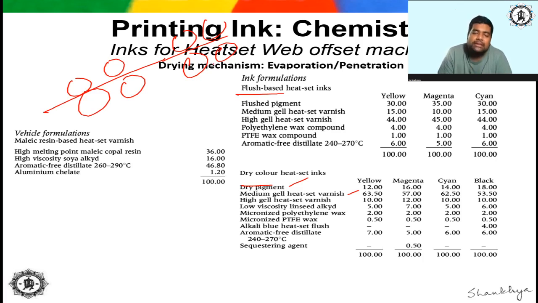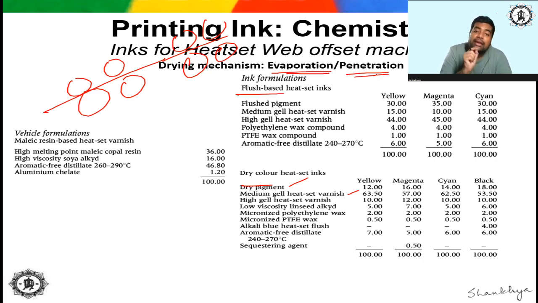The temperature of this web is increased due to the presence of some non-volatile solvent in the ink. And as I have already told you in the earlier classes, the primary method for drying of heat-set web offset ink is through evaporation, and then through penetration and oxidative polymerization a little bit. What will evaporate?